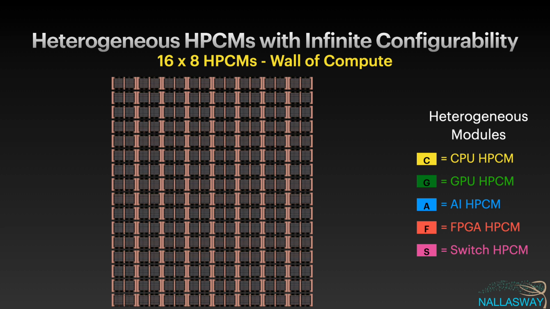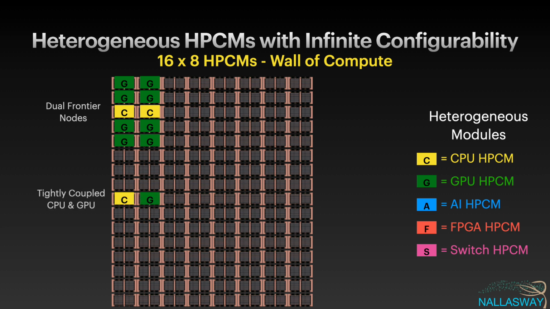And as an example on the right, I've just shown you a couple of different types of potential heterogeneous HPCM modules with different color codes. Just to give you by way of example, if you take the current Frontier supercomputer with 4 GPU modules and 2 CPU modules, you could emulate a Frontier node, and you could wire the topology of that to be identical to Frontier.